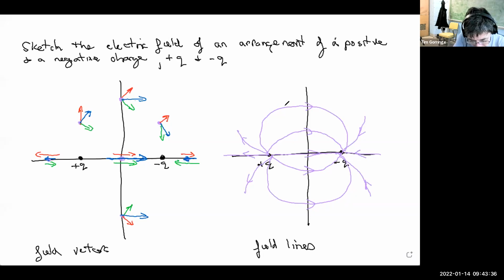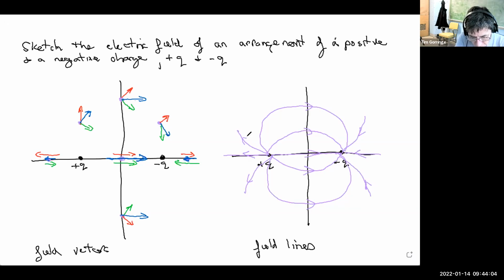I've added additional field lines that curl out of the positive charge and around to the negative charge. This one upstairs here, and also this one downstairs here, curls out of the positive charge towards the negative charge. And I've also added some field lines over here on the far left and on the far right. These are field lines that are escaping off the edge of the sketch.